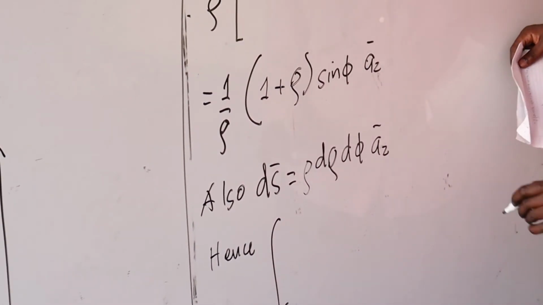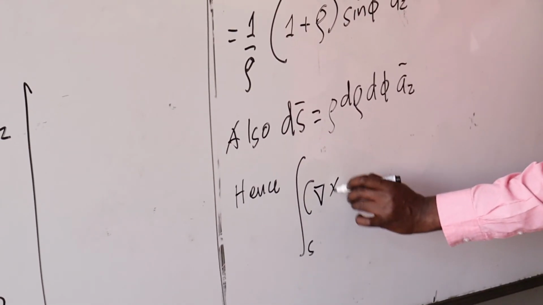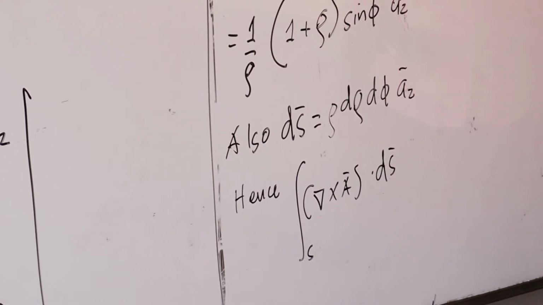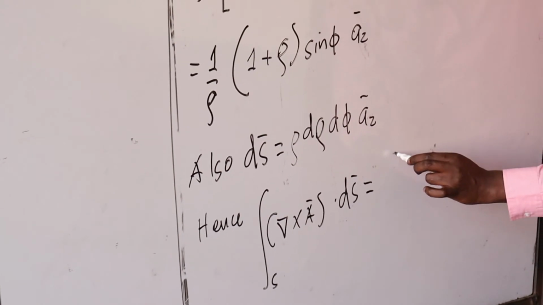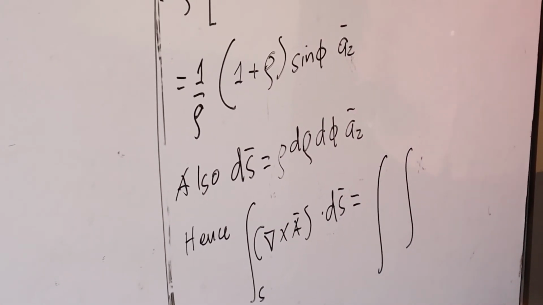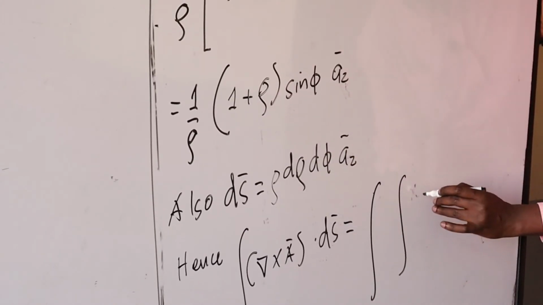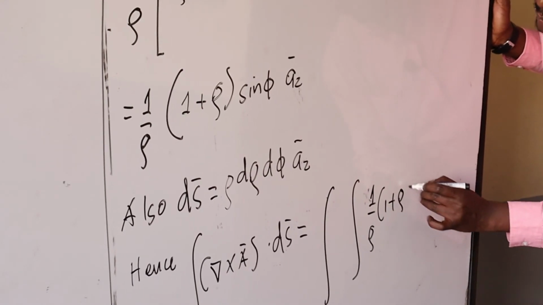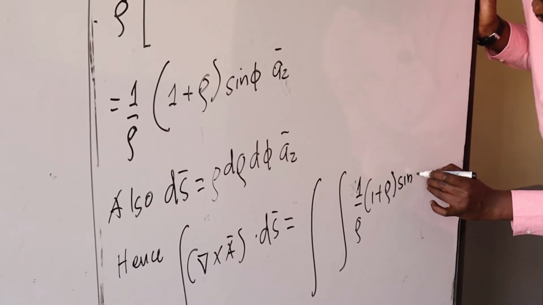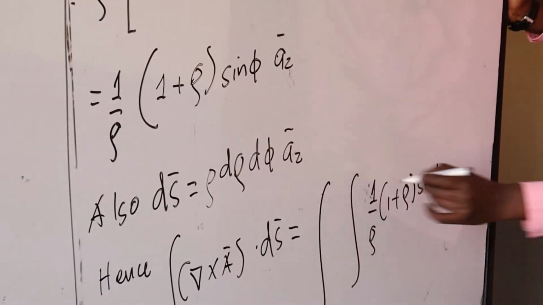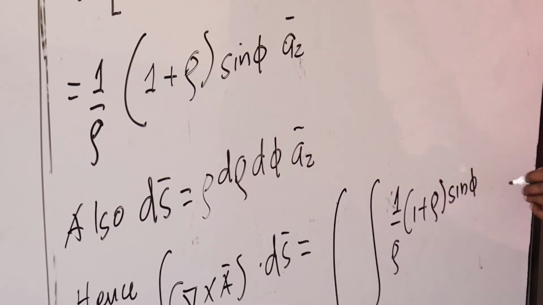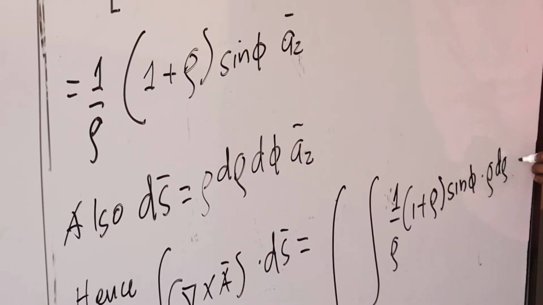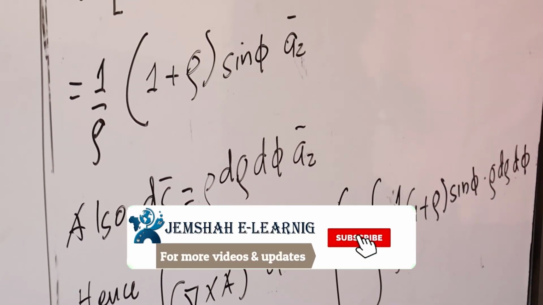So when we dot the two, hence that integral of this cross a bar dot ds bar will be the same as the double integral of this term of mine, which is 1 over rho into 1 plus rho sine phi, ds is that, because az dot az will disappear, so there's no need of writing that. So this is rho d phi.